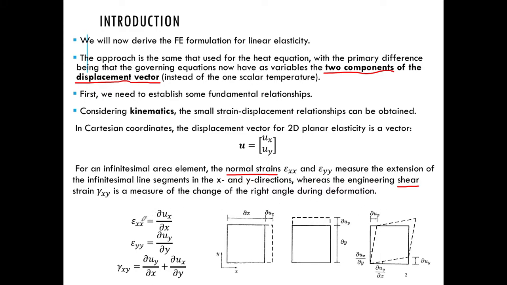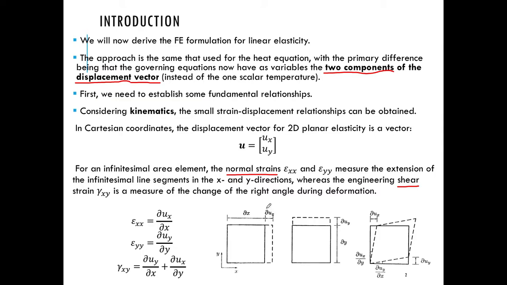For the normal strains, we have epsilon xx and epsilon yy. If we have our basis directions x and y like so, and we are looking at an infinitesimal square element such as the one shown here, then the normal strain in the x direction is just the extension in the x direction divided by the original length in that direction.